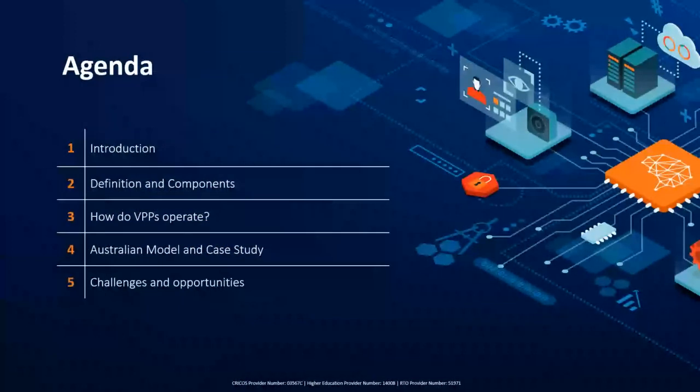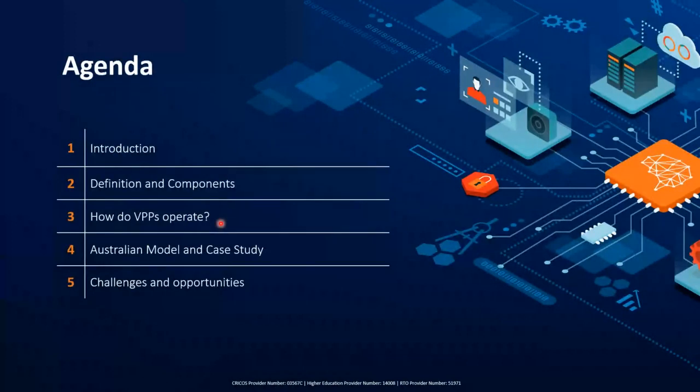Now, the topics we'll be covering today are, first, the definition and components of a virtual power plant, or VPP. So what does VPP mean in general and which components does it have? Then we look at how VPPs work.